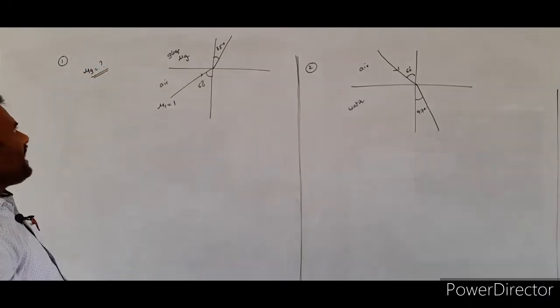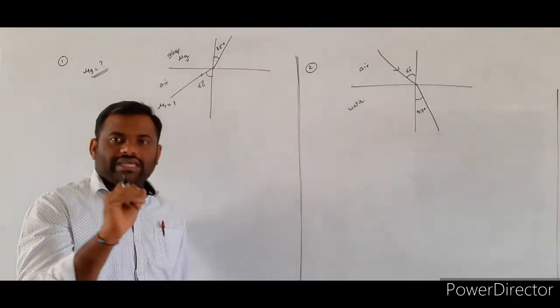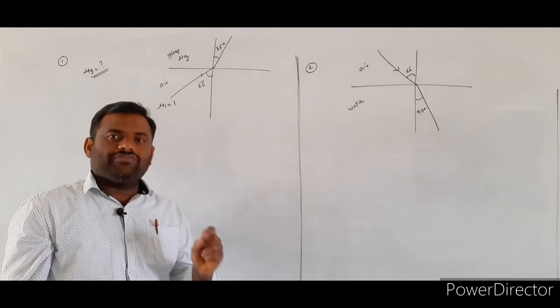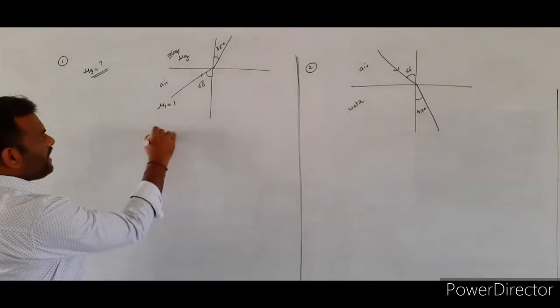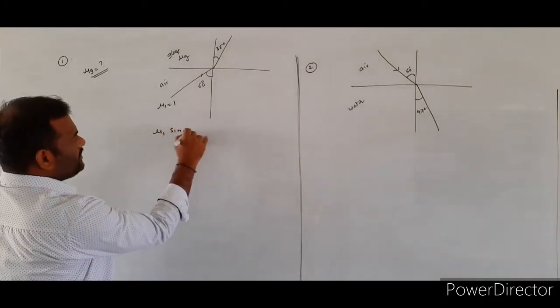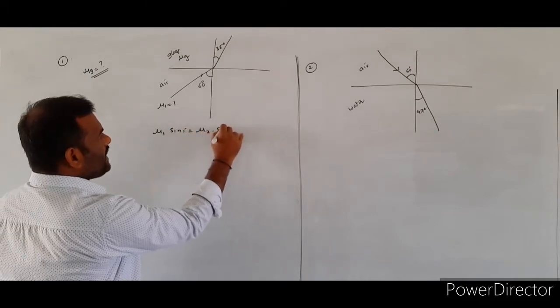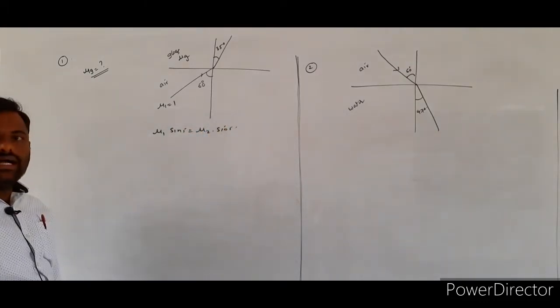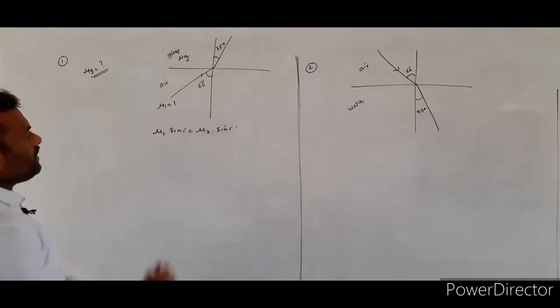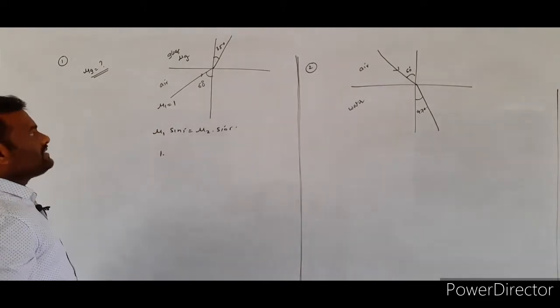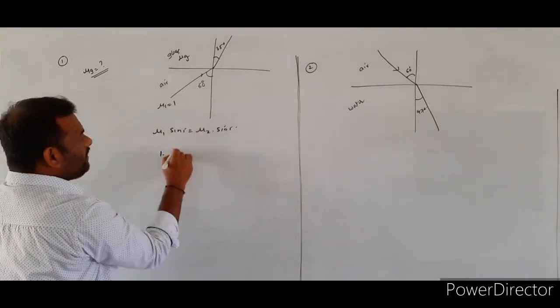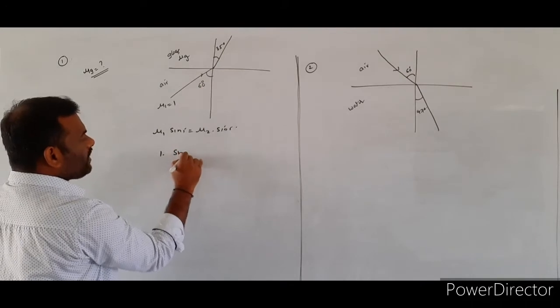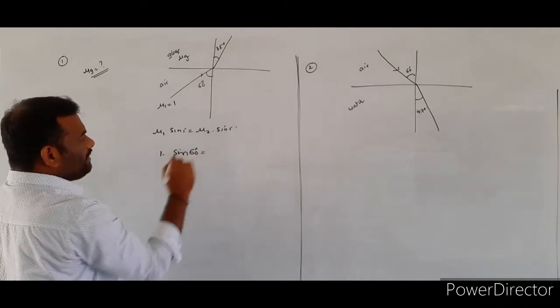To find it, which law do we have to apply? Snell's law of refraction. What is Snell's law? mu1 sin i is equal to mu2 sin r. What is mu1 for the air medium? It is 1, and the angle of incidence in the first medium is equal to what?